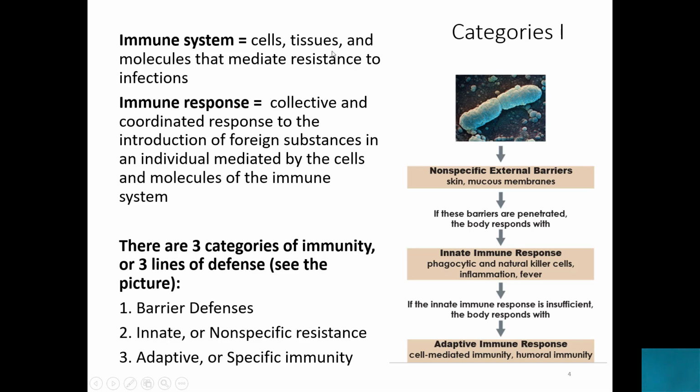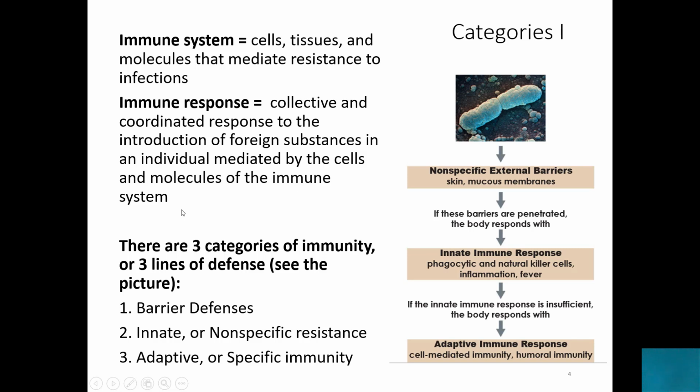And when those cells, tissues, and molecules together fight infection, we call it immune response: a collective and coordinated response to the introduction of foreign substances in an individual, mediated by the cells and molecules of the immune system.